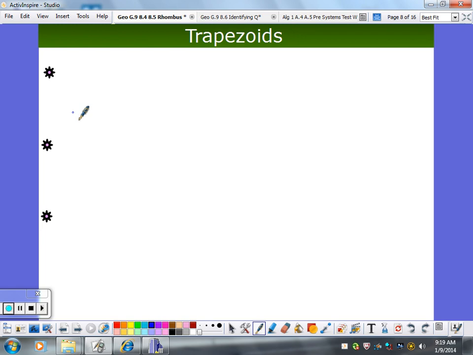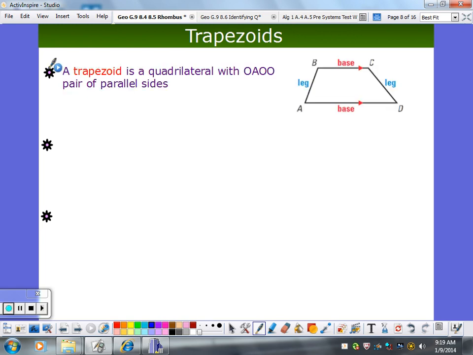Cool. What else? Oh, look at trapezoid. A trapezoid, that's a quadrilateral as well. And it's got one and only one pair of parallel sides. So I see some parallel sides. If these are parallel and these are not, you have a trapezoid. So parallelograms are not trapezoids because both sides are parallel. So one is and one isn't.